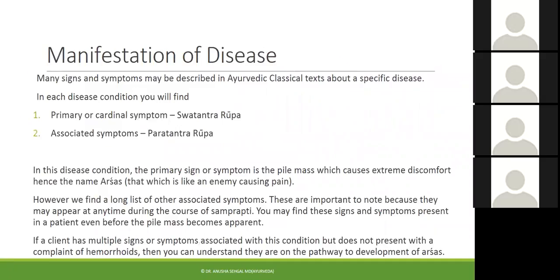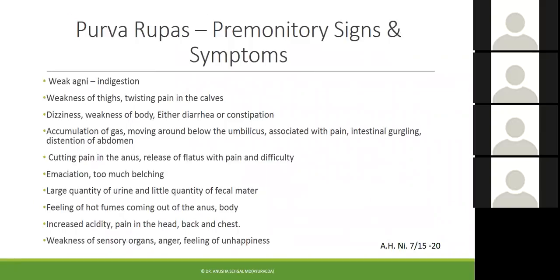Okay, so previously in the last class, we left off here at the Purva Rūpas, or the premonitory signs and symptoms. That talked about some of the signs that you can notice before there's actual presentation or manifestation of the disease.